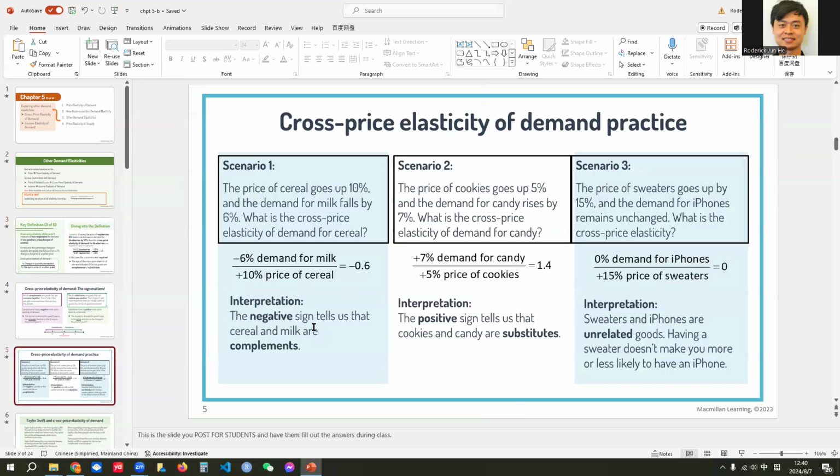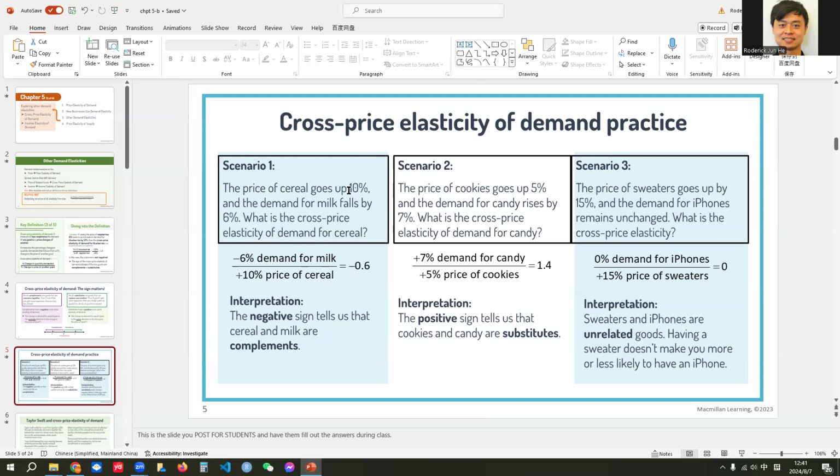So, like in this case, if cereal goes up 10%, and demand for milk falls by 6%, the result is a negative cross price elasticity between these two. And that is the same as the elasticity of demand itself, which should be a negative value.